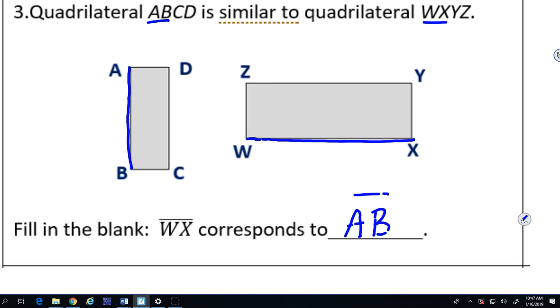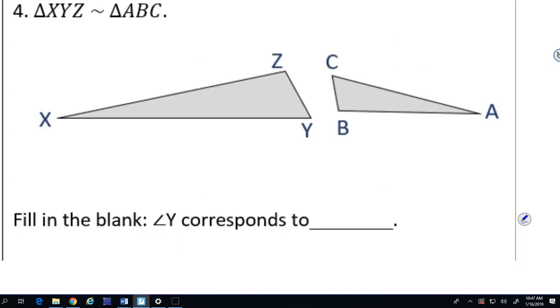All right. Next one. Now we're looking at angles. Again, we can look at the shape, and it's asking us to figure out which angle Y corresponds to. So for this one, what can I look at? The shape.